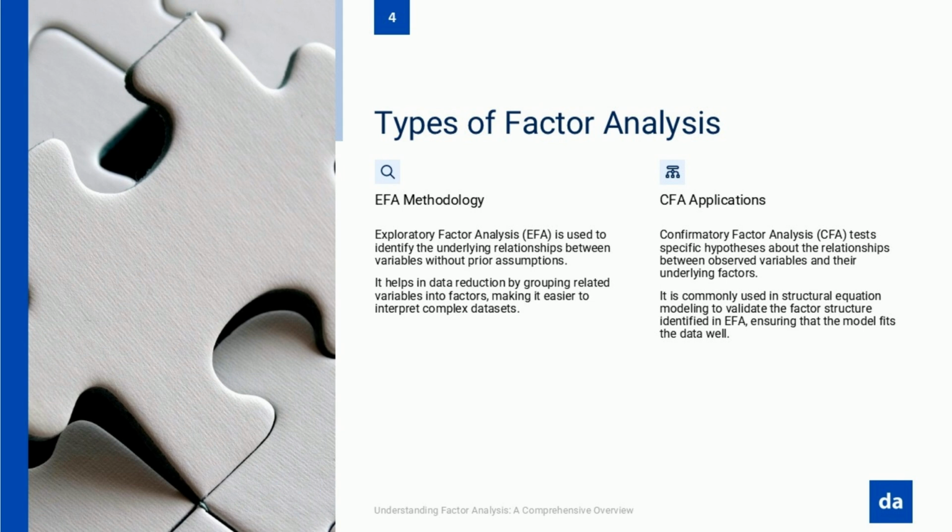If not, well, time to rethink your model. CFA is used when you already have a well-defined idea of which variables should be grouped together, and you need statistical proof that your assumptions hold up. Think of it like this. If you're exploring a new city with no map, EFA helps you discover the major roads and landmarks.